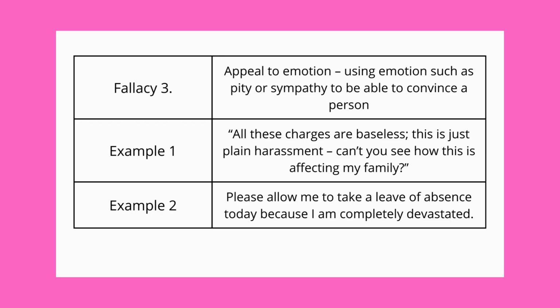Please allow me to take a leave of absence today because I am completely devastated. Clearly, these two arguments involve emotions. Example 1 is trying to ask for sympathy, while example 2 is trying to ask for pity. This is appeal to emotion.